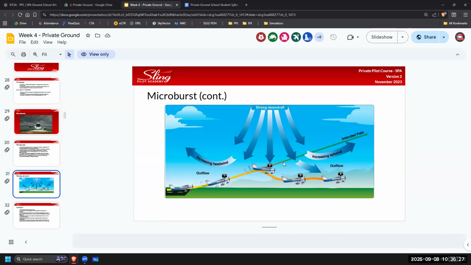It shows you taking off a runway and taking off right into a microburst, which is probably stupid to begin with, but if you were underneath, the first part you would hit would increase your headwind, so it would slow you way down as you're entering the microburst.